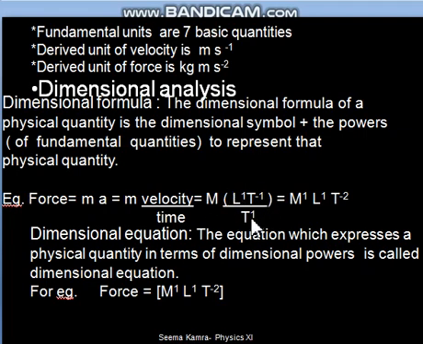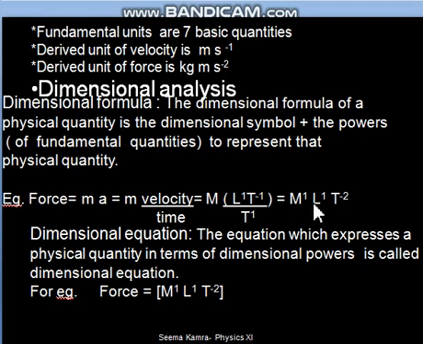This way, if we combine all the powers of similar quantities, M appears with power 1, L power 1, and T power, this one will be shifted to the numerator, so it becomes -1, and -1 -1 gives -2. So M1 L1 T minus 2.